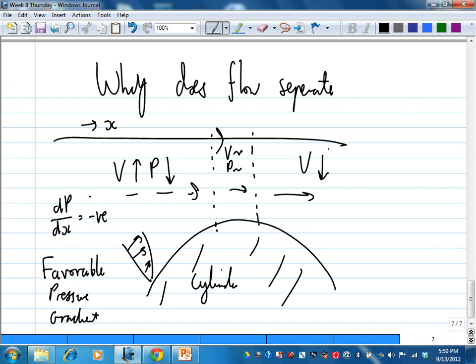High speed flow, the physics change a bit, so we won't talk about that now. Low speed flow, if you go to bigger area, what happens to the velocity? Velocity goes down. Pressure goes up. dP on dx is positive. We call this unfavorable.